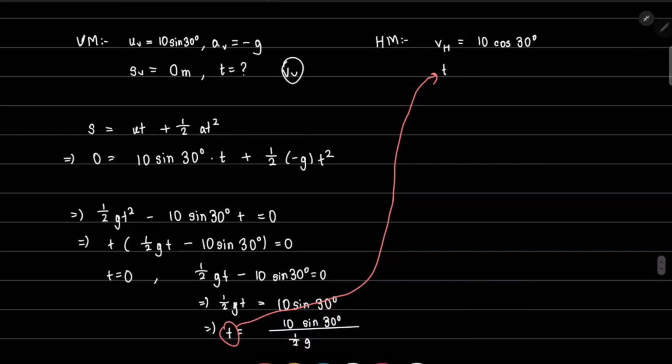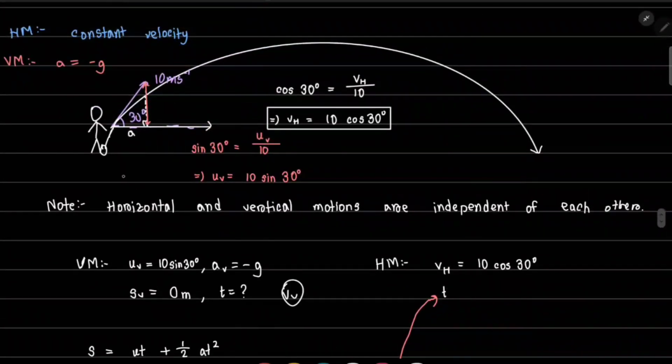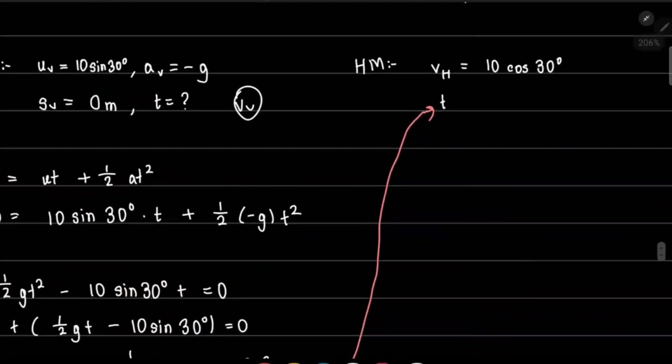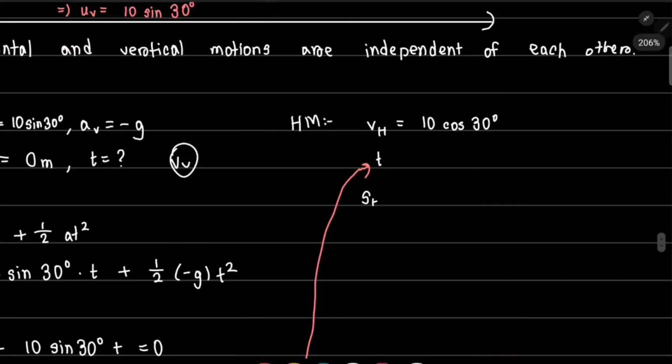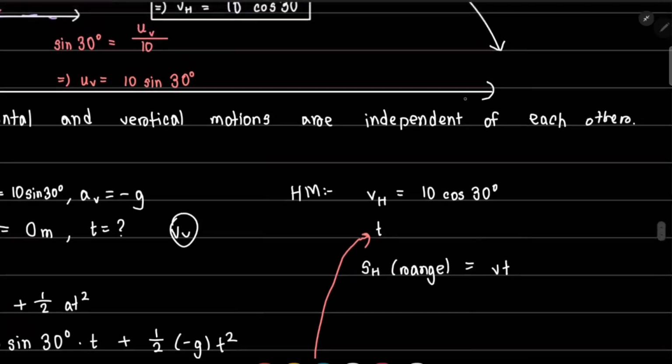So if I want to find how far it traveled, this over here, we call this the range. So S horizontal, or range, is equal to Vt. We use S equals Vt over here since acceleration is 0. This is only applicable when acceleration is 0.